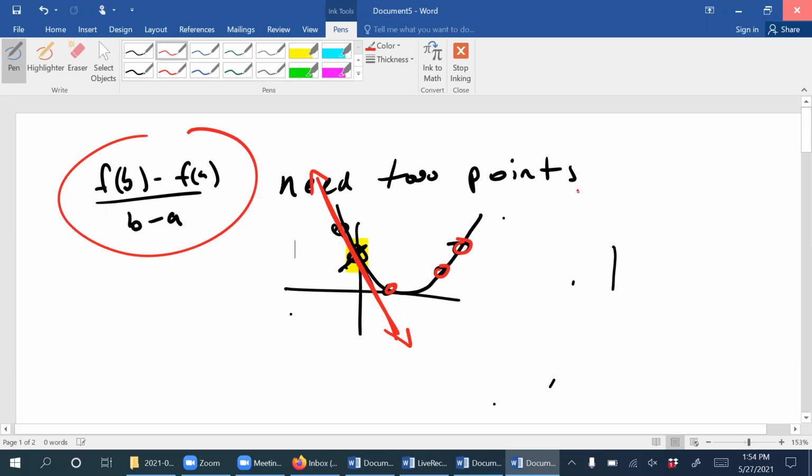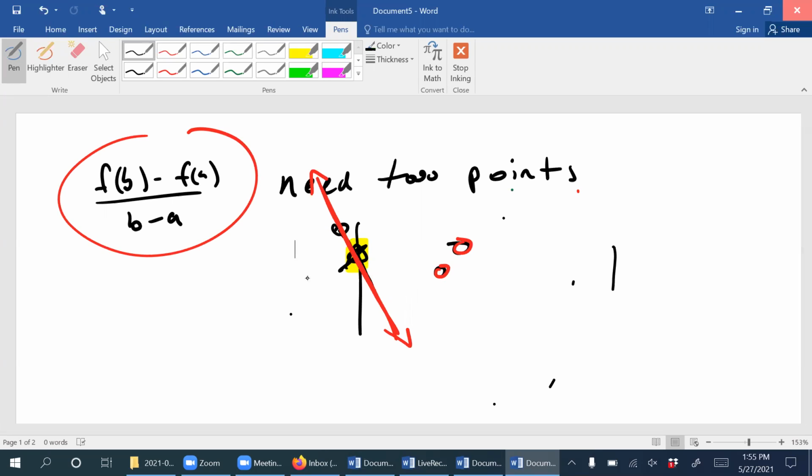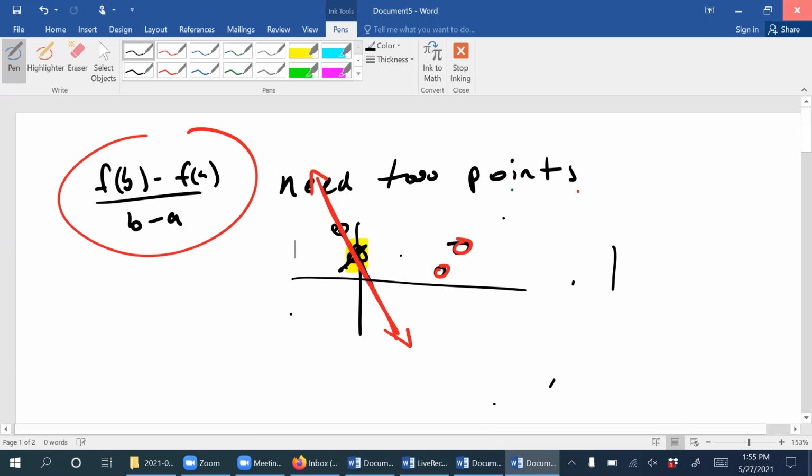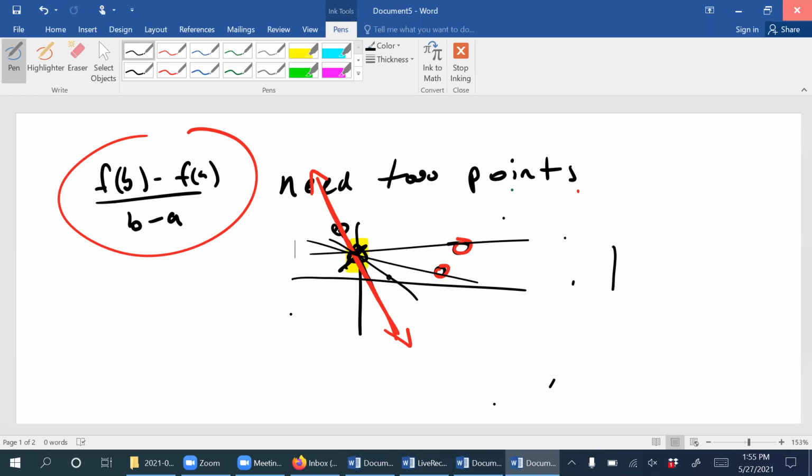None of these lines actually accurately reflect the red line that I've drawn. So in calculus, we cheat. We say, how far is the second point? It is h away. Well, how far is h then? Well, h is going to be 0.